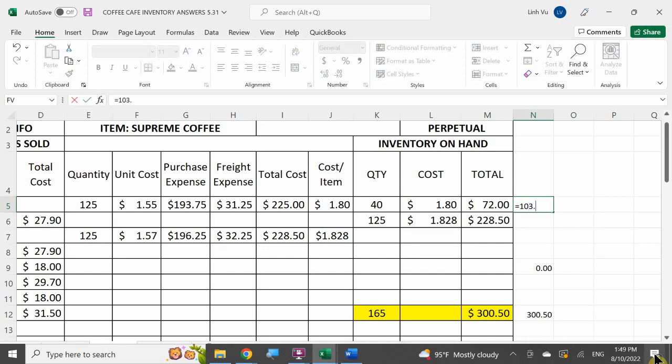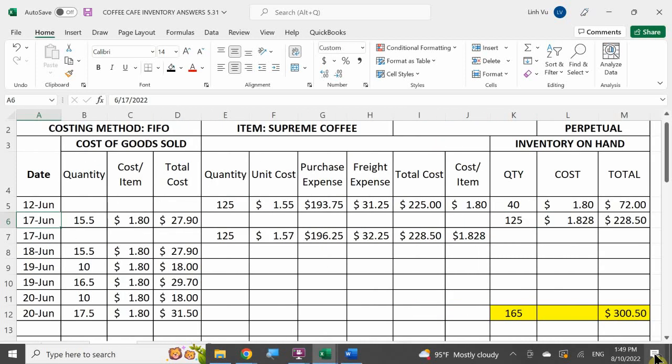We got 103.50 minus 31.50, and that gave you a total of $72. So awesome. Math is correct there. So I am ending with 165 pounds left at a total of $300.50.